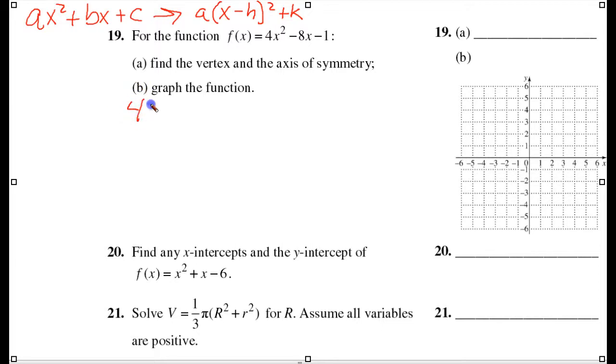We have 4x squared minus 8x minus 1. Well, the first thing we do is we're going to take this negative 1 and move it out here. We have to separate it. Then I'm going to take these two terms and factor out the 4.